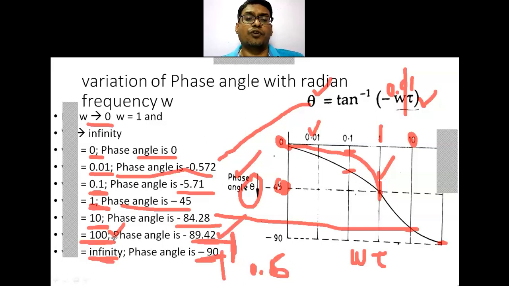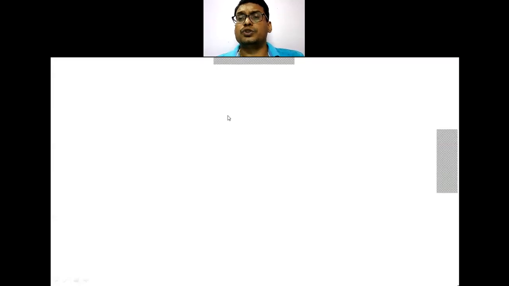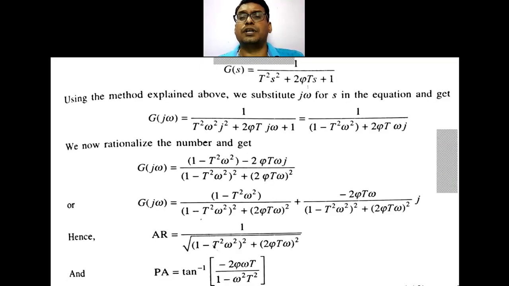So instead of continuing with further values, I am restricting my graph towards 100 only, so that it approximately reaches 90, which is my final destination value towards infinity. And this is how you plot a phase angle. So you will need to plot two graphs: the amplitude ratio versus frequency, and the phase angle against frequency.